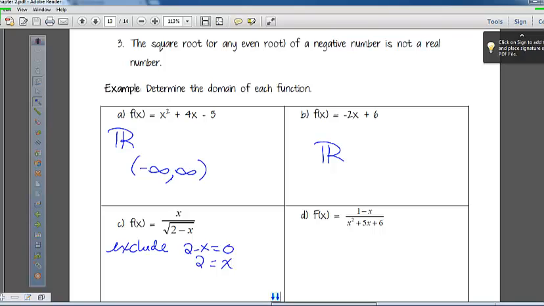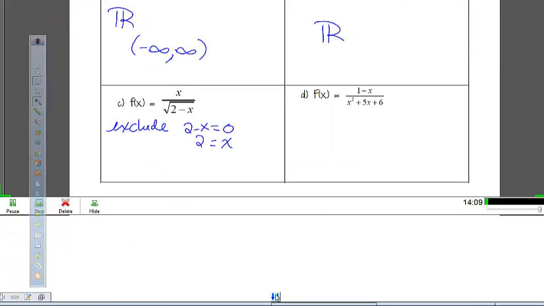Okay, we're going to exclude that, but also this isn't just 2 minus x in the denominator, it's the square root of that. And so with square roots or radicals, even radicals anyway, we don't want what kinds of numbers? Negative numbers. So I also need to have it such that 2 minus x is greater than 0.